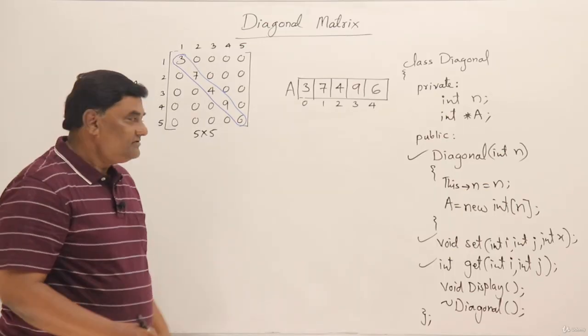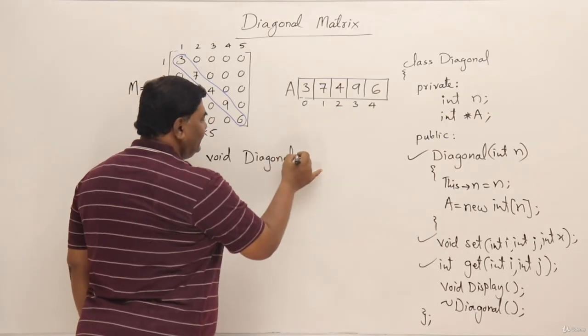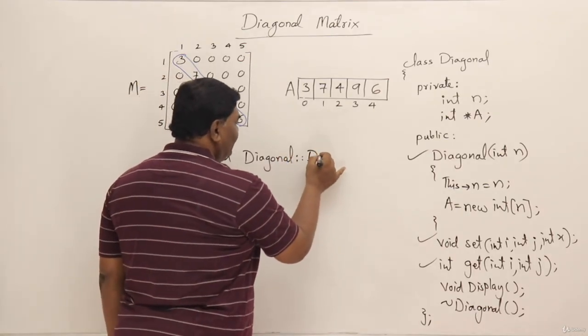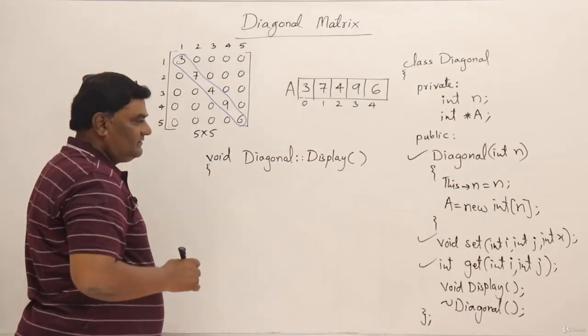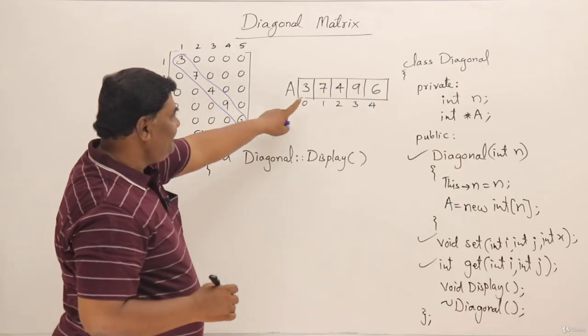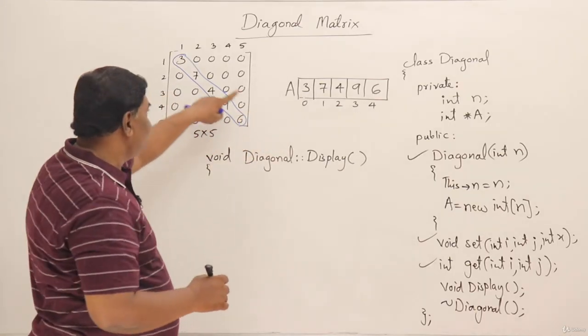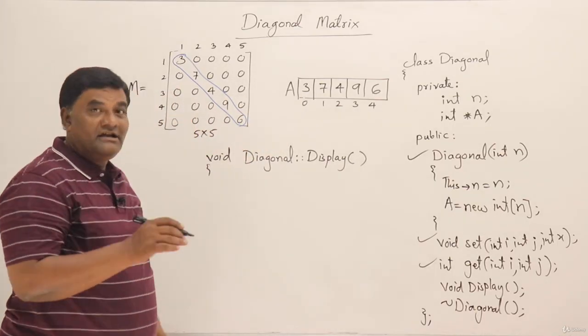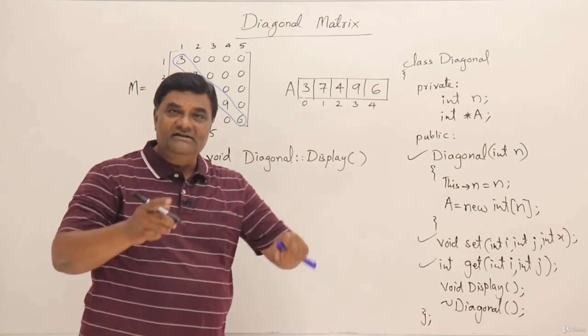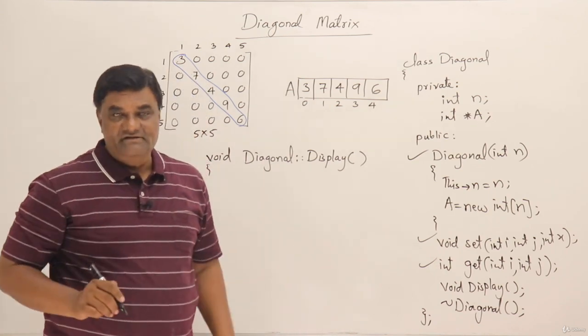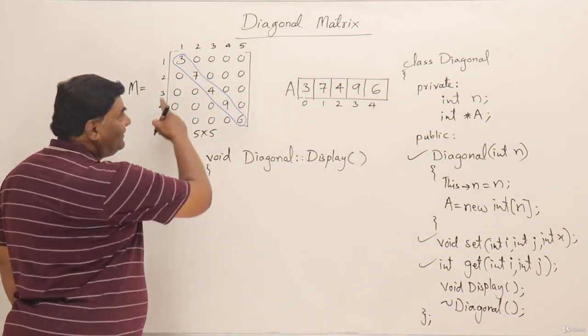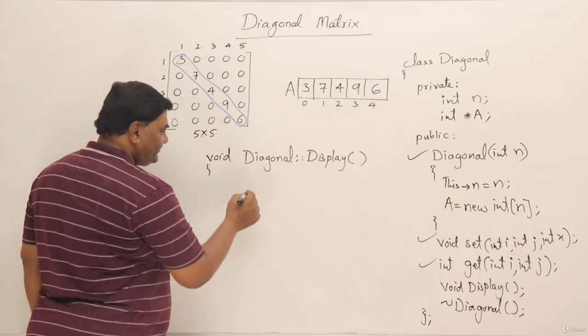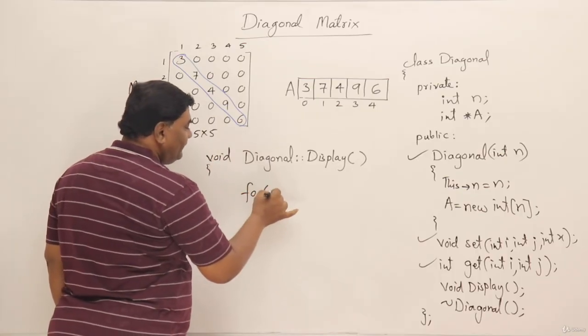Now the display function, class name and function name display. Display means actually we have these elements, but we should display them like a two-dimensional array along with its zeros so that it looks like a matrix. So let us display a two-dimensional matrix. For that we need two for loops.